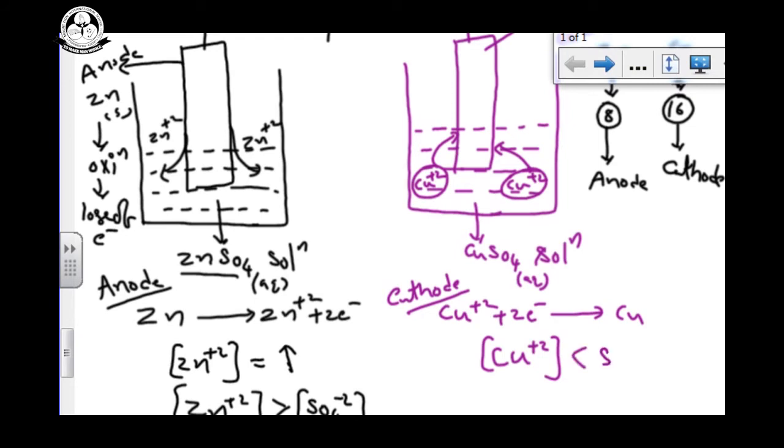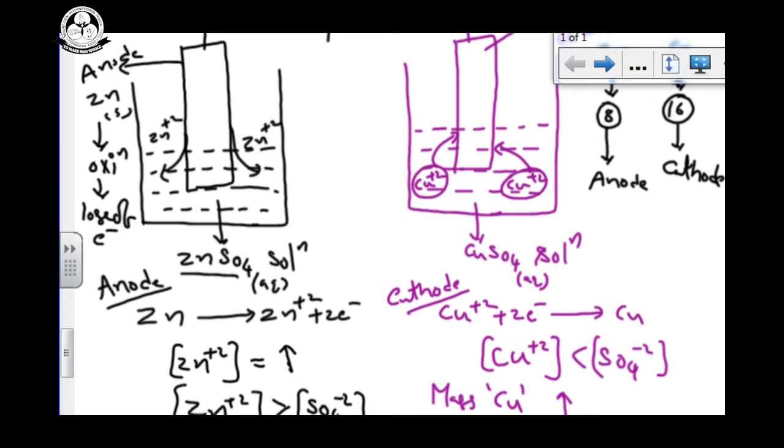So sulfate ion concentration will increase. Next, the mass of copper metal will increase, because copper ions are deposited. So the mass of the copper will increase.